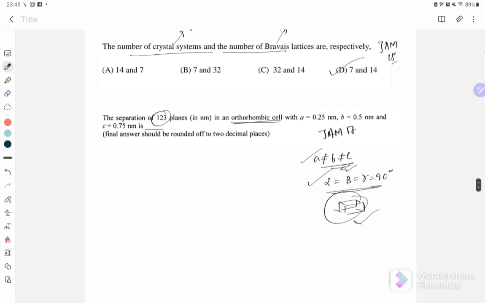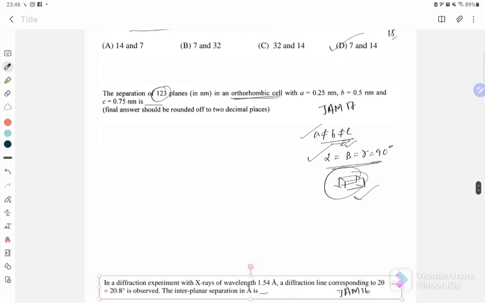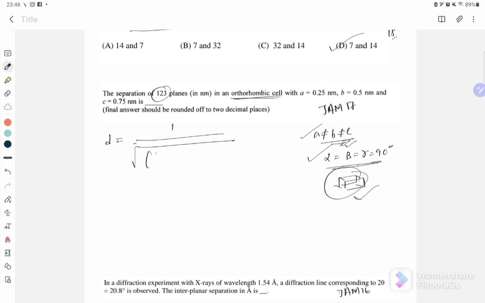For cubic we can use a is equal to b is equal to c, but in this case we have to calculate 1 by d square equal to h by a whole square plus k by b whole square plus l by c whole square.